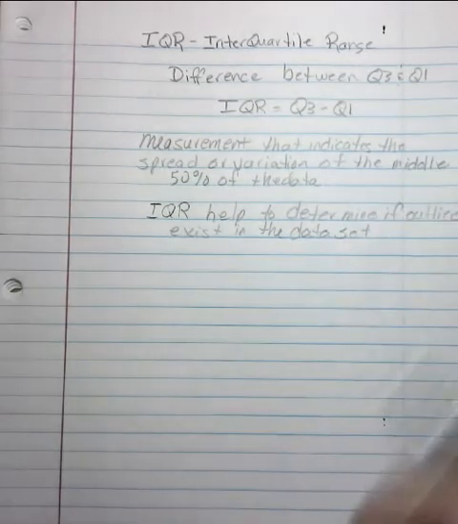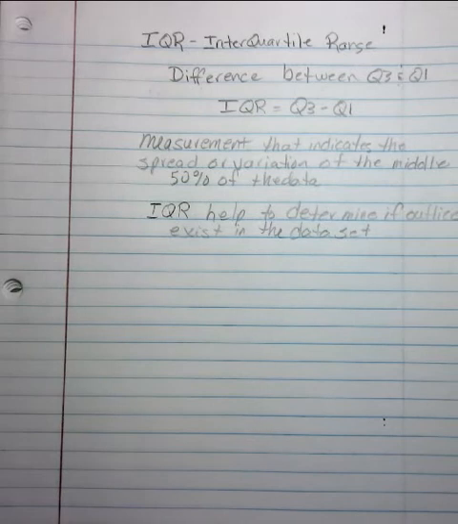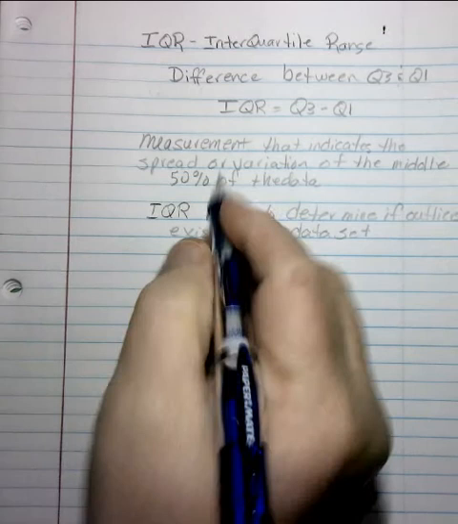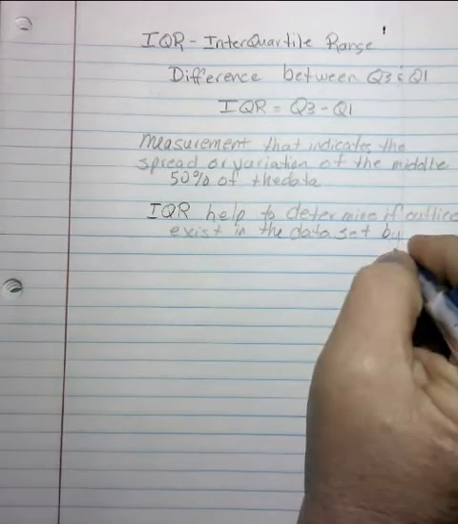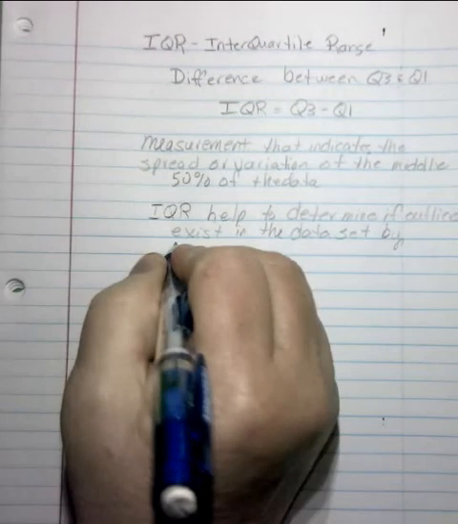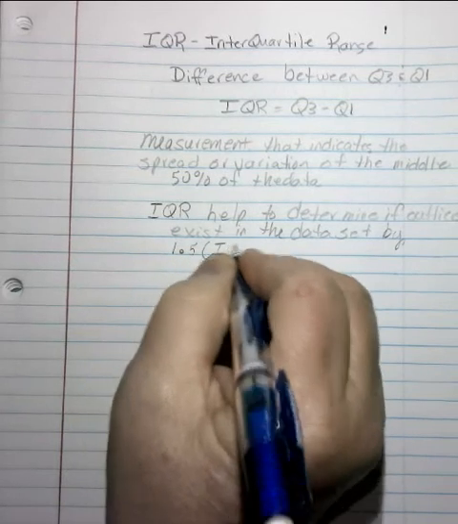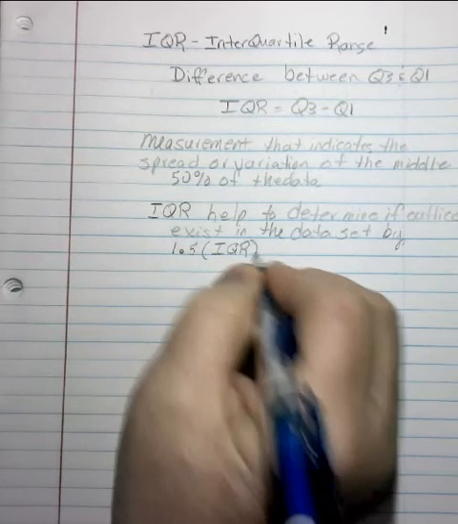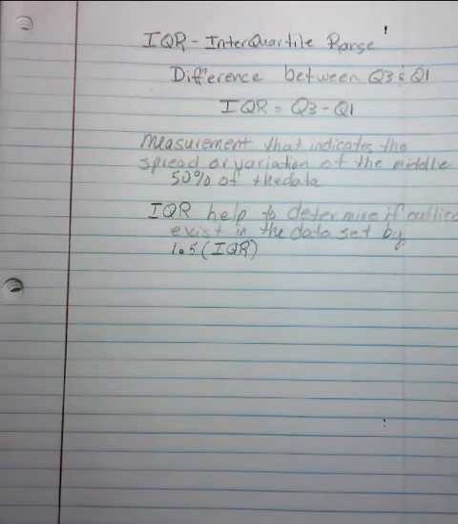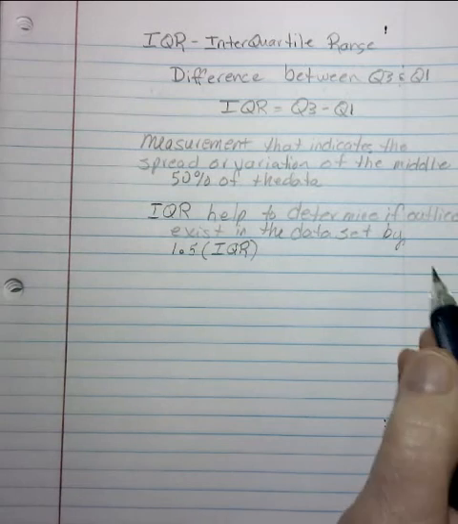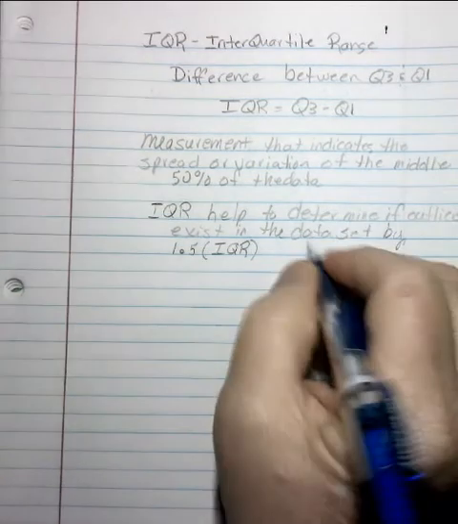And we do that by multiplying 1.5 times the IQR. And that gives us a value that we then add or subtract to quartile 3 and quartile 1.